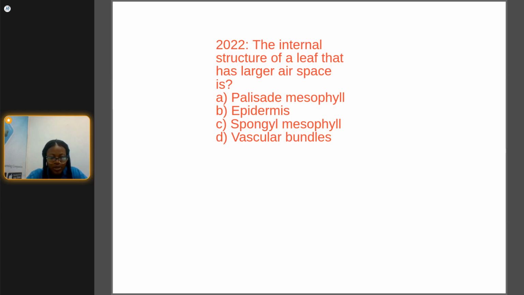This is 2020. This next question is year 2020, and it says, which of the following structures is capable of producing more tissues in the stem of a herbaceous flowering plant? Don't be deceived by the herbaceous.